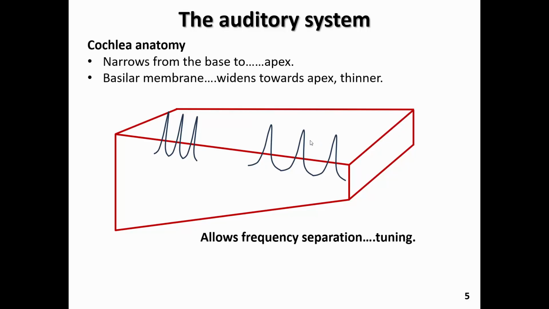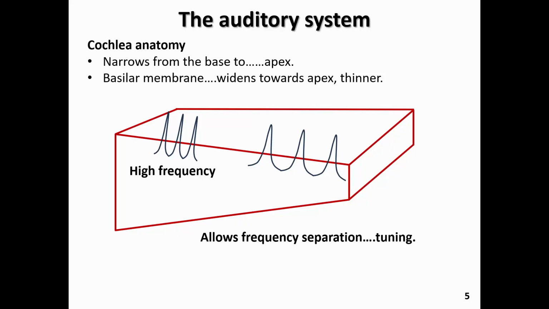And these two waveforms represent two different sound transmissions. Because of the shape of the basilar membrane, this allows what's called frequency separation. The frequency separation is referred to as tuning.